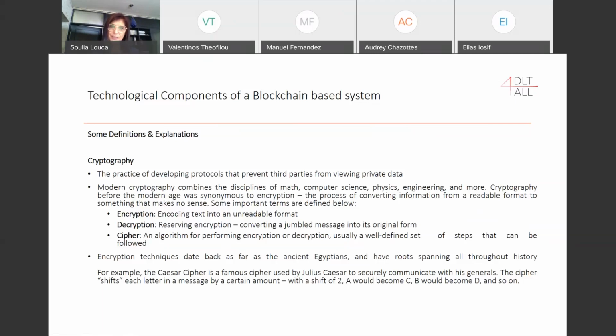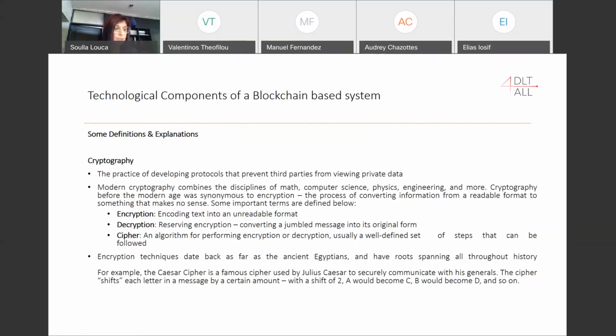So, of course, we have cryptography, as we said, for preventing people from viewing our private data. Modern cryptography combines disciplines from mathematics, computer science, physics, engineering, and more, and it makes decryption even more difficult.